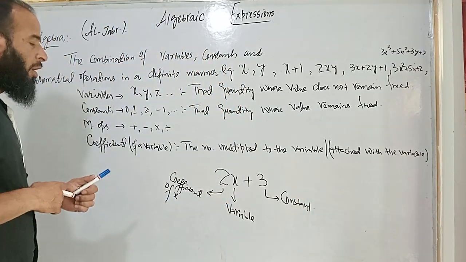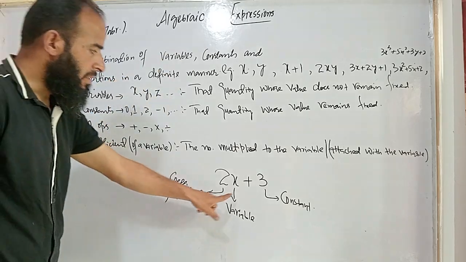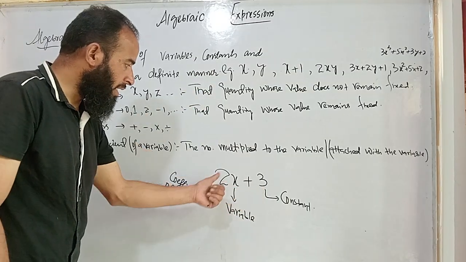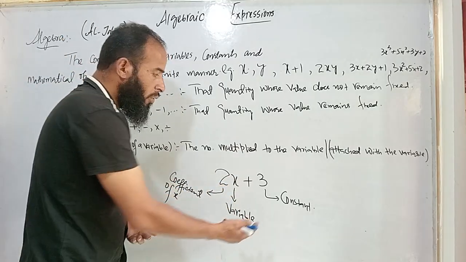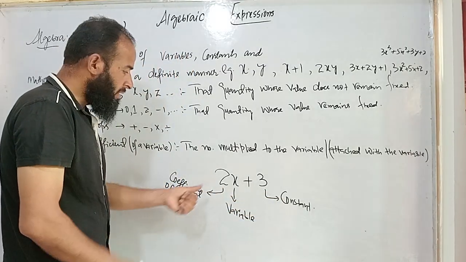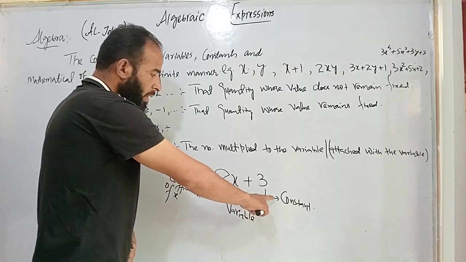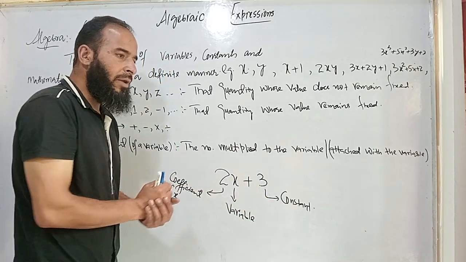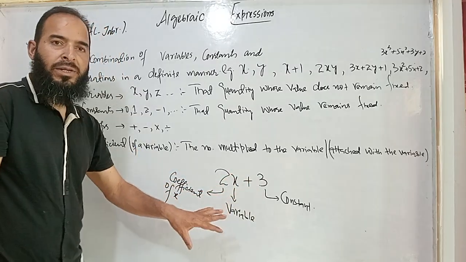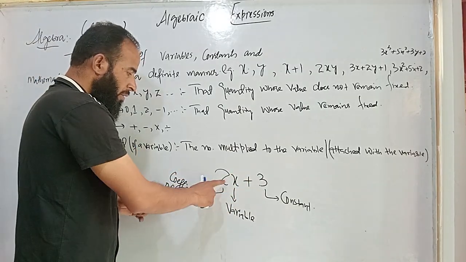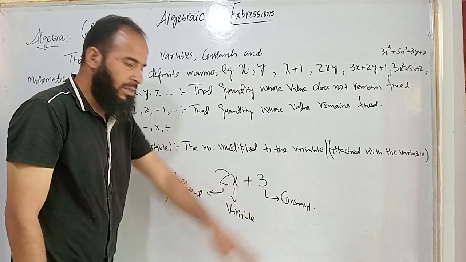So here you can see what we mean by an algebraic expression: an algebraic combination of variables, this is a variable here, and constants. This is also a constant, but what do we call this one? Coefficient, because it is attached to the variable. And this one we call a constant, because it is separate, no variable is attached to it. Got it? So 2x plus 3 is an algebraic expression where these terms are denoted by coefficient, variable, mathematical operation, and constant.